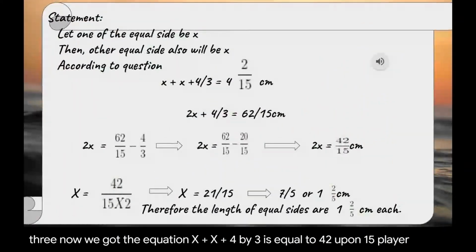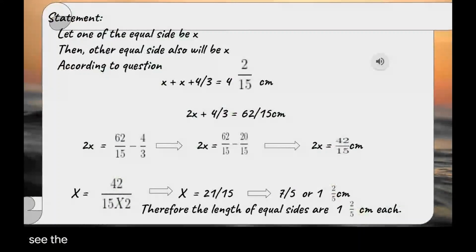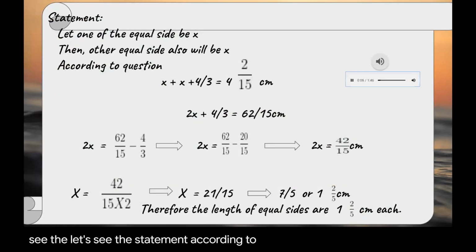Now let's see the statement. According to the question, we got the equation like this: x plus x plus 4 upon 3 is equal to 4 2 upon 15. In the next step, we have to convert the mixed fraction to an improper fraction.